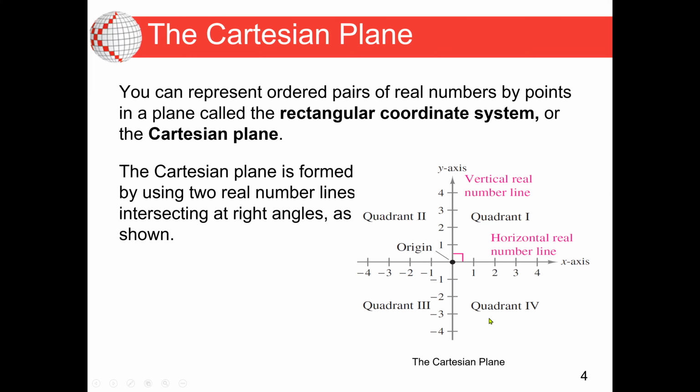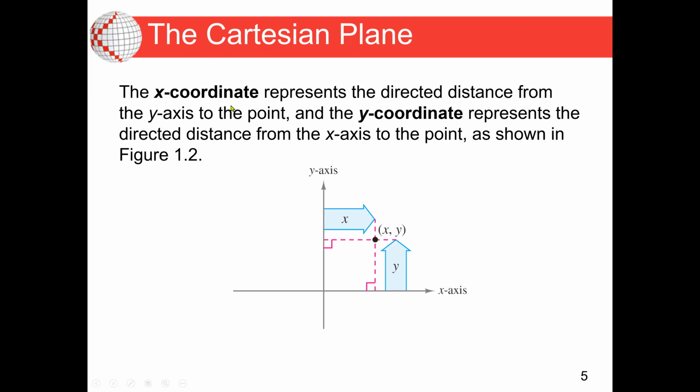So from this Cartesian plane, again, we can plot any points on it. Here we said that the x coordinate represents the directed distance from the y-axis to the point. We can see the graph here. The x coordinate is horizontal. Again, y is vertical.